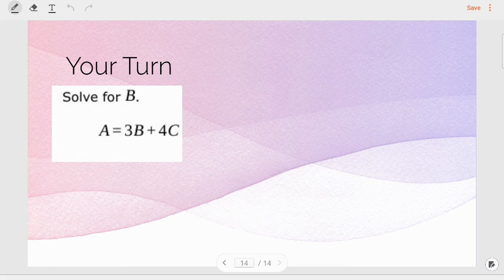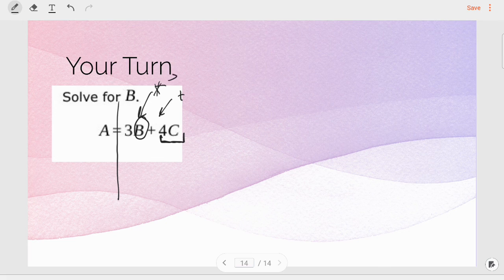This last one is for you to try on your own. When you are ready to check your answer, make sure you press play, but pause until then. Alright, solve for B, drawing my line. There's multiplication going on here, and I'm going to remember to get rid of 4c as a chunk. It's being added.